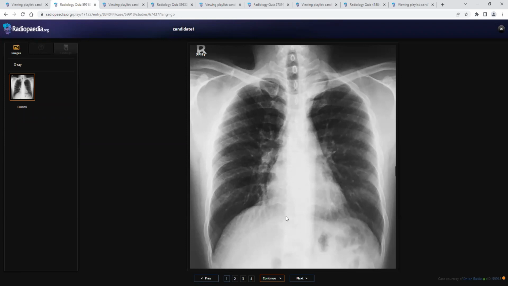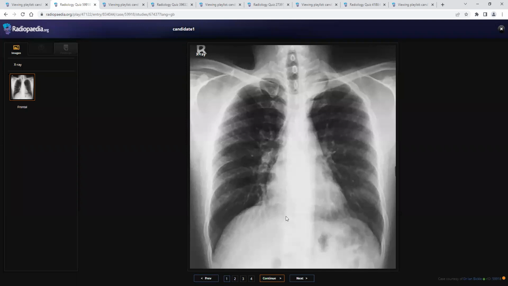The mediastinum appears okay, no retrocardiac shadows, and the subdiaphragmatic region appears intact. The bony skeleton around this left apical lesion appears unremarkable, with no evidence of bone destruction, and no other bony lesions could be detected on the right side.